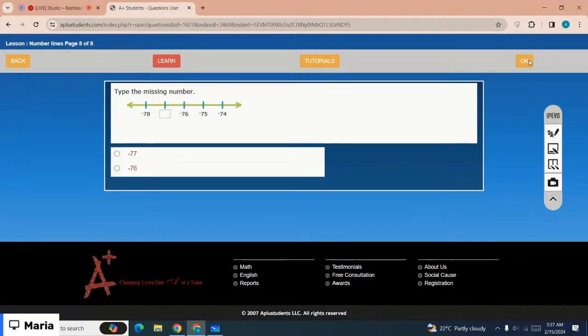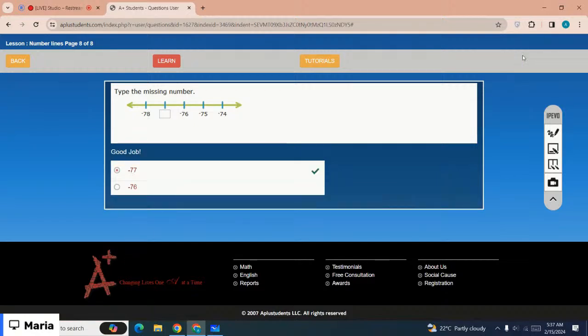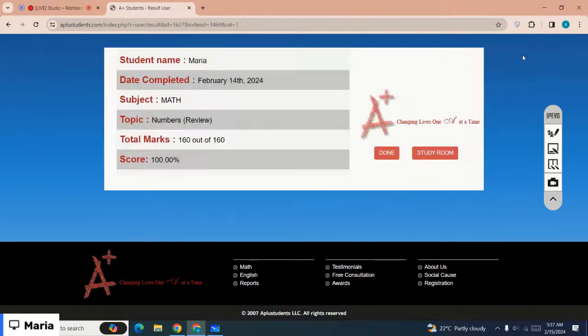The missing number is negative 77, right? Okay, we are done with the lesson.